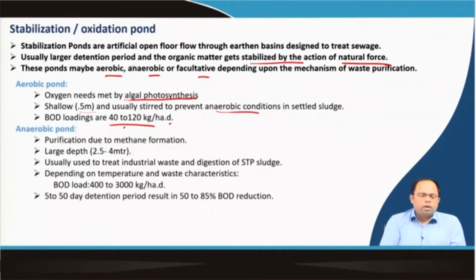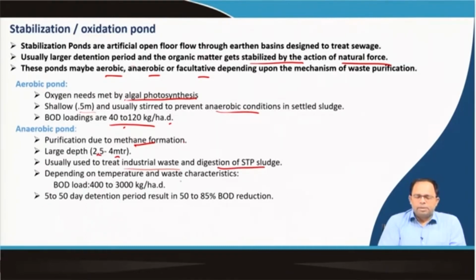In an anaerobic pond, purification is due to methane formation, that means anaerobic bacteria act upon the sewage, and that is why we form methane and also CO2 of course. The depth is larger in this pond, 2.5 to 4 meters, and usually they could be used for treating industrial sewage and sometimes for digestion of STP sludge as well.